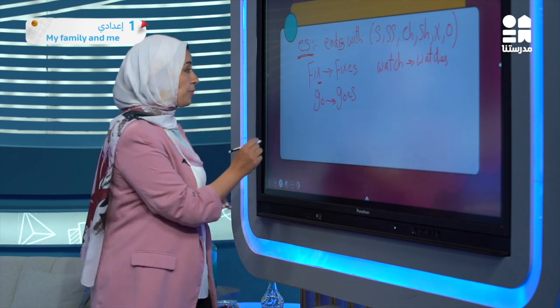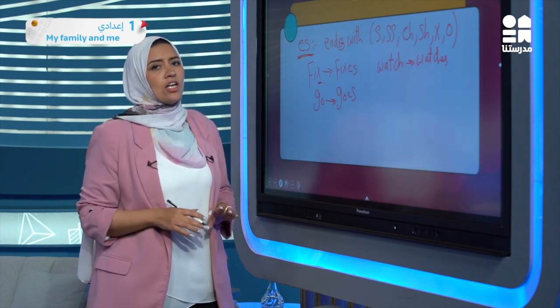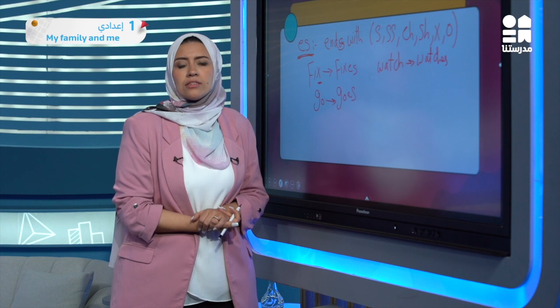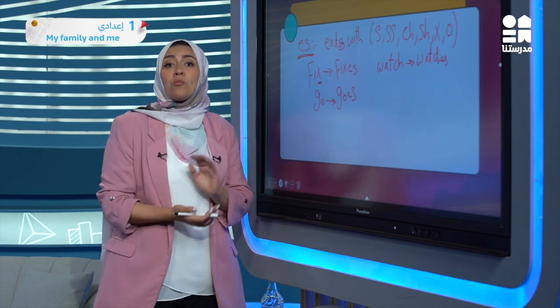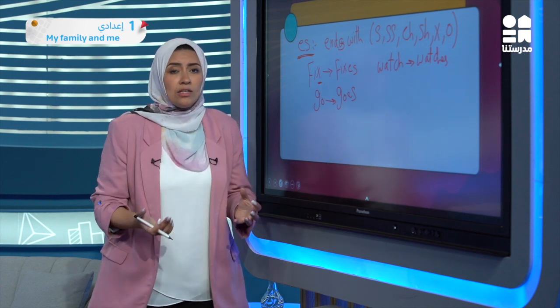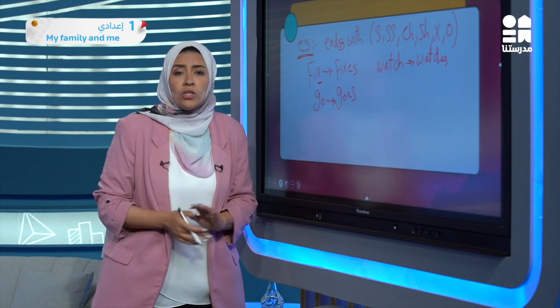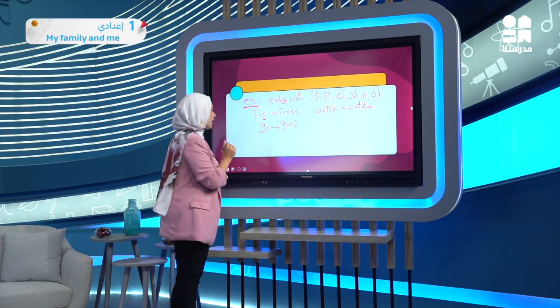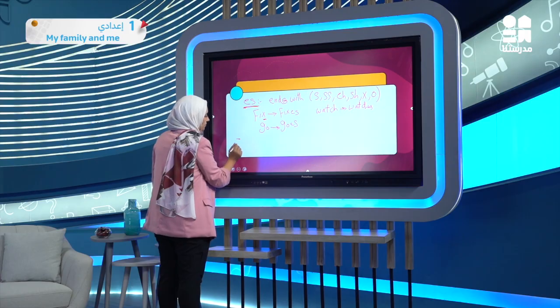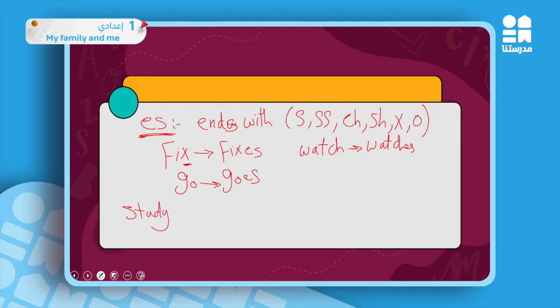Okay. If the verb ends with Y but not an ordinary Y, it's a Y preceded by a consonant. يعني ايه؟ يعني لو الverb عندي انتهى بY بس الY دي قبلها consonant يعني قبلها حرف ساكن not a vowel، يعني مش A or E or I or O or U، هحط ال IES. يعني ايه؟ طيب if I have the verb study, the verb study ends with Y. طيب the letter that preceded the Y is a consonant.